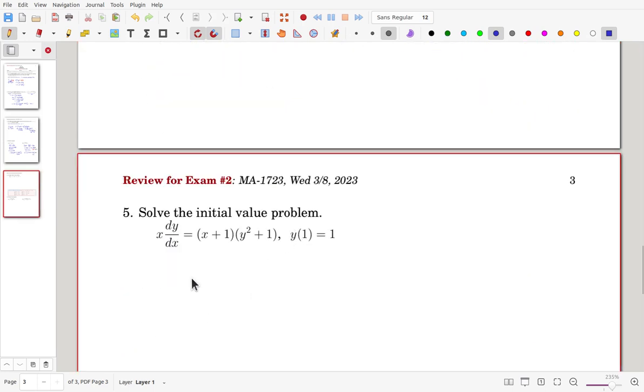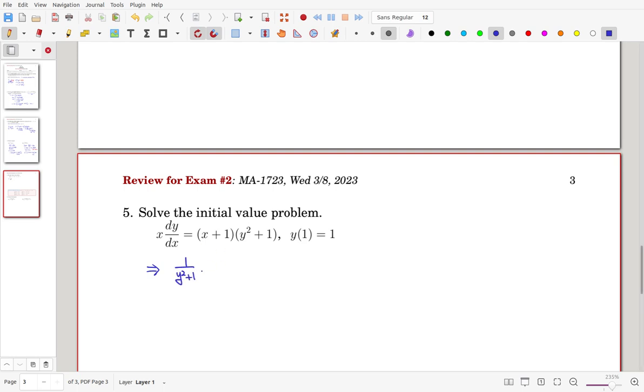Okay, number 5, solve the initial value problem. This is a separable equation. So we move every term including y to the left-hand side, and everything including x to the right side. Then y squared plus 1 goes to the denominator, giving 1 over y squared plus 1 times dy on the left-hand side.